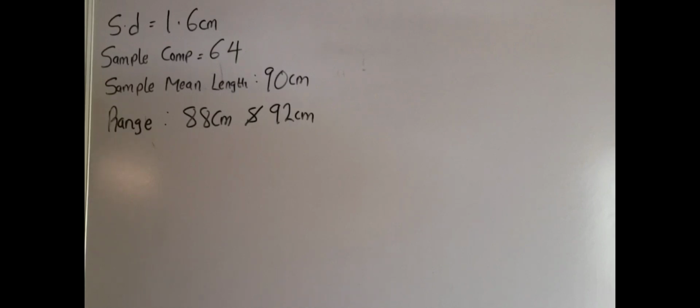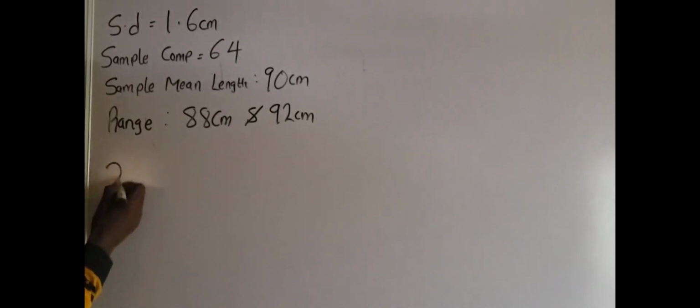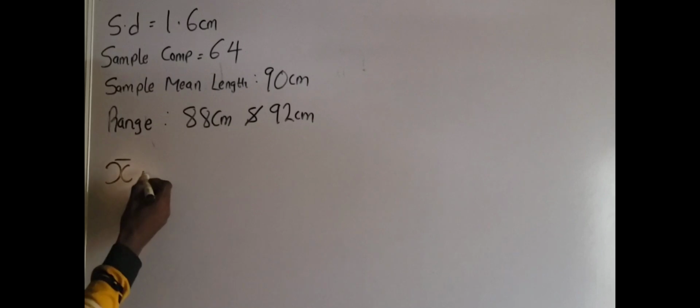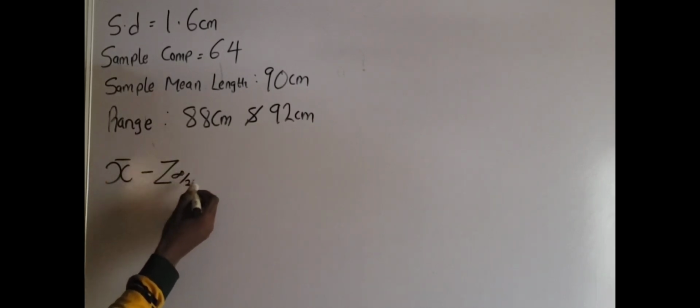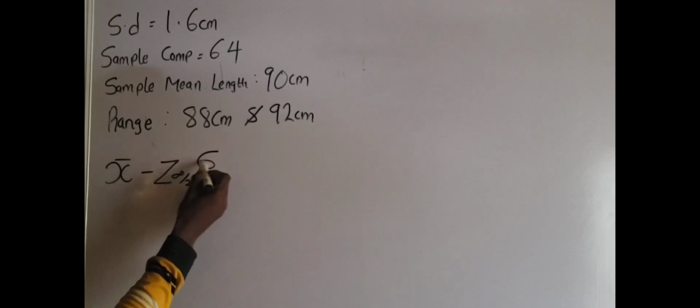The formula of confidence interval is given by this: x bar minus z alpha over 2 multiplied by sigma over root n, less than mu, less than x bar plus z alpha over 2 multiplied by sigma over root n.